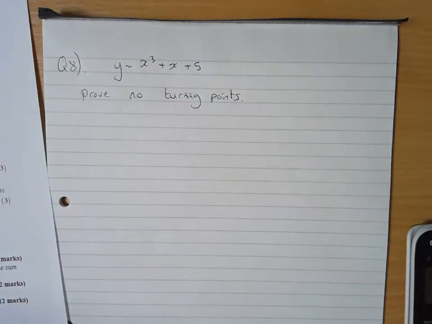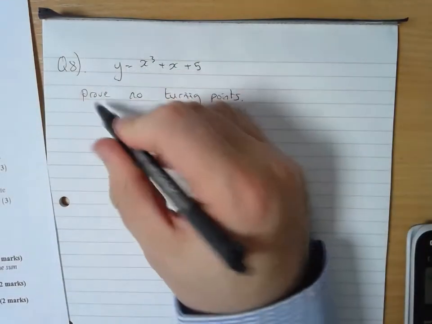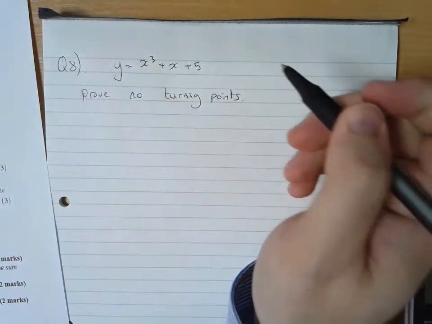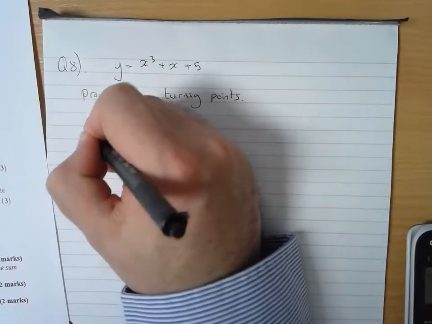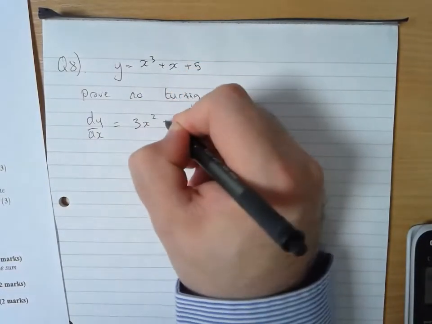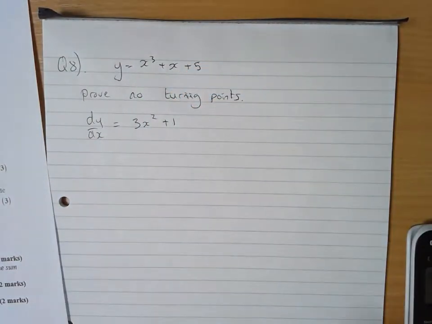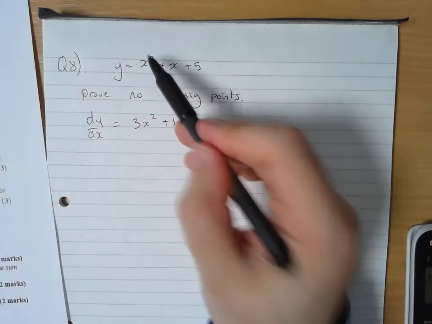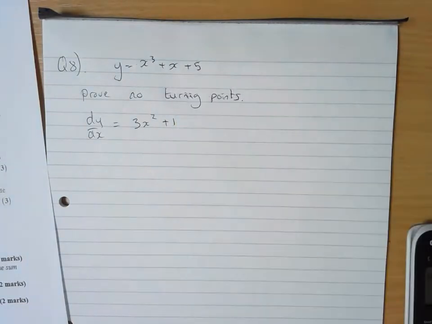So the first thing to do is to work out exactly what we need to do. We need to find dy by dx. dy by dx equals 3x squared plus 1. So multiply by the power, reduce it by 1, and this one just turns into a 1, and the 5 disappears.